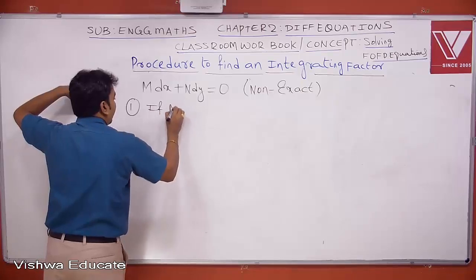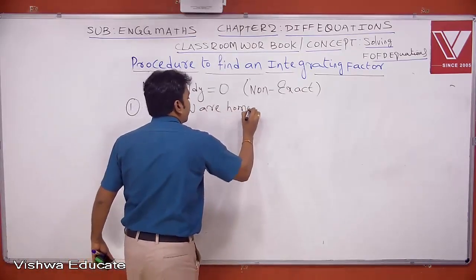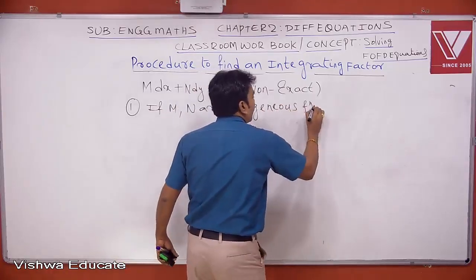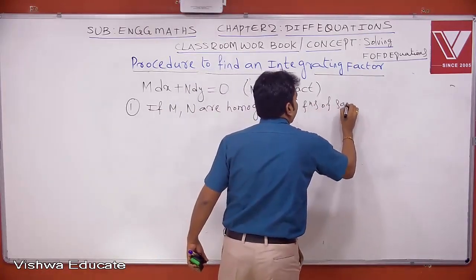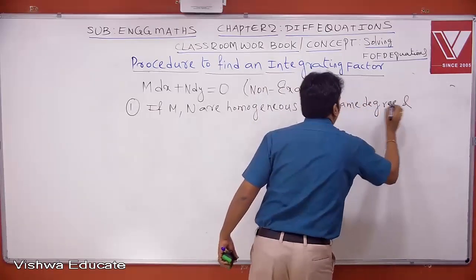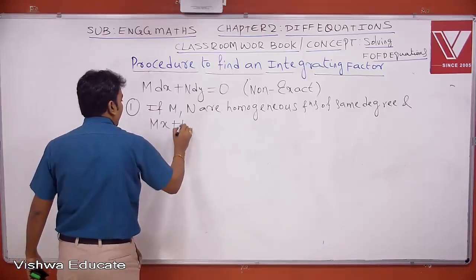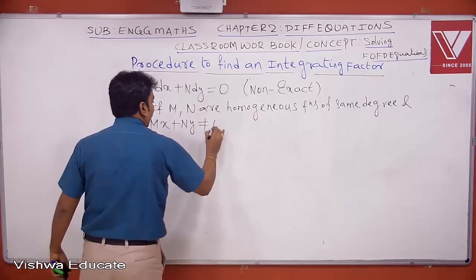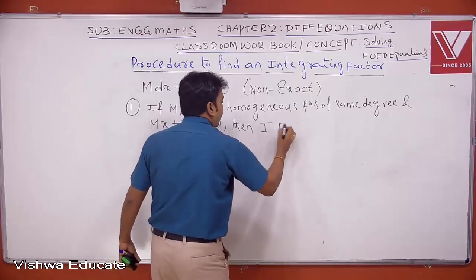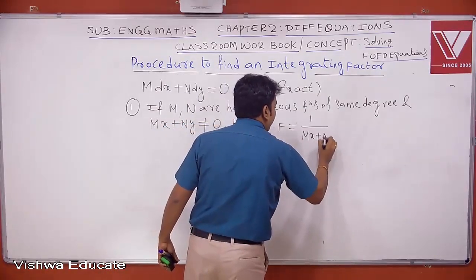Suppose if M, N are homogeneous functions of same degree, and Mx plus Ny is not equal to 0, then the integrating factor IF is equal to 1 divided by Mx plus Ny.